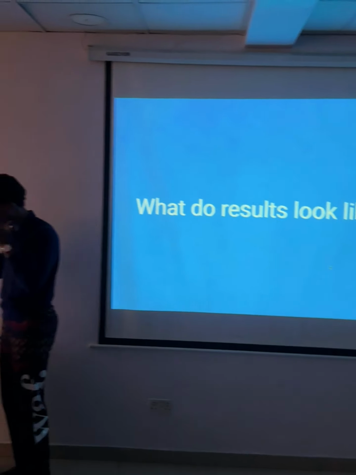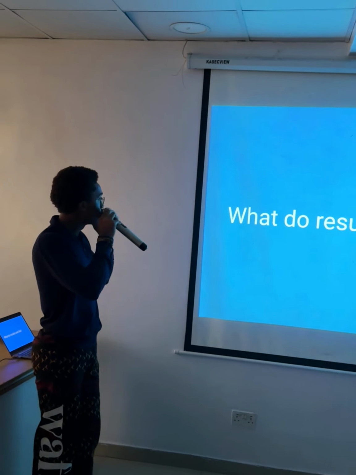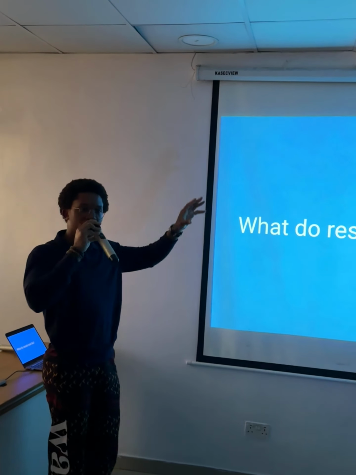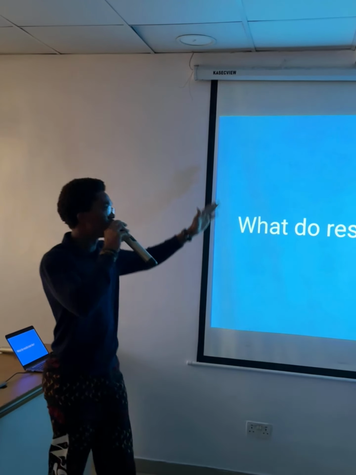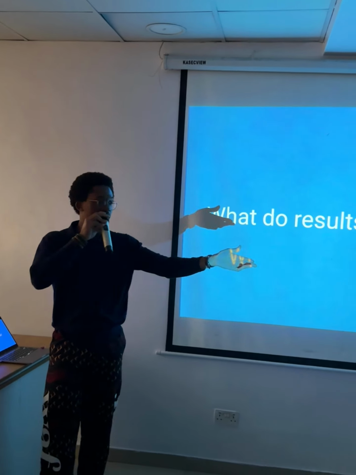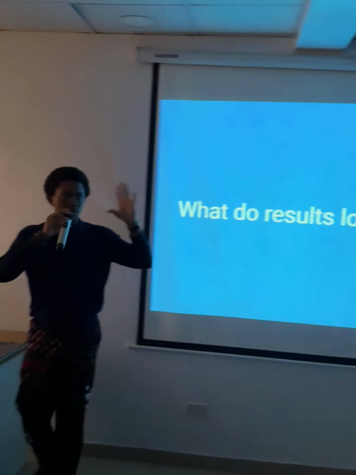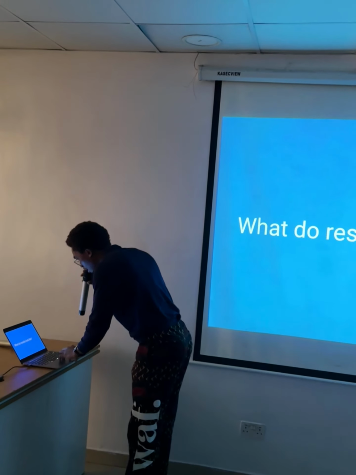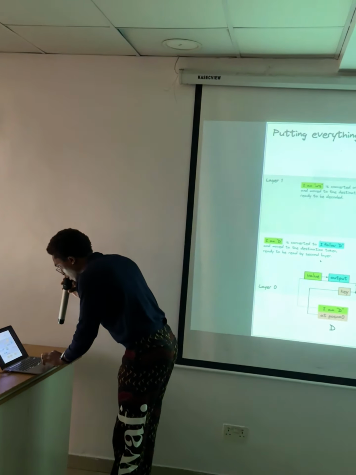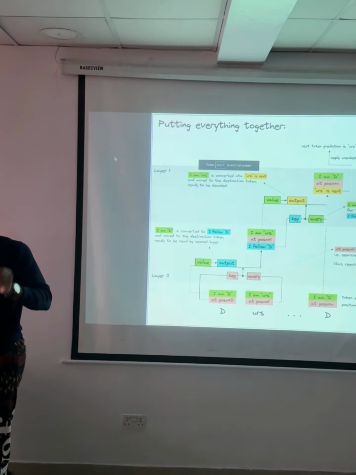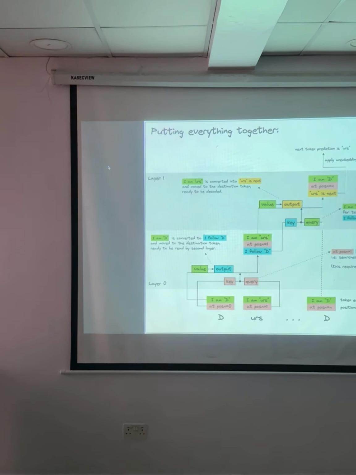So what do results look like? If you have a bunch of these tools that you're using to discover little interesting things, what does a complete end-to-end example result look like of understanding what the model is doing to solve the problem? So I have some screenshots here. Again, not important to get into any of the details, but basically, this is what it looks like.